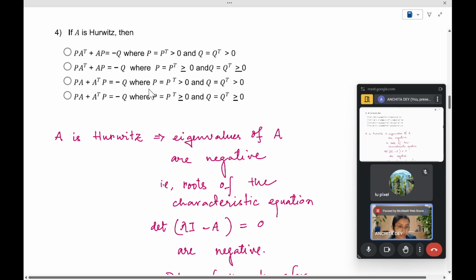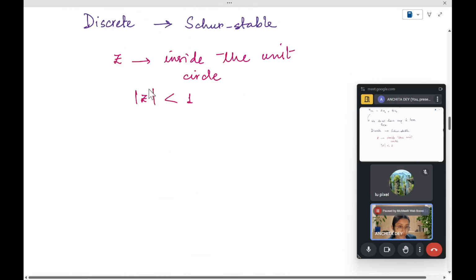And where exactly do we deal with this notion of something being positive definite, and then going for something that is negative definite or negative semi-definite? The answer is in the case of Lyapunov analysis. So this is what we are going to do.